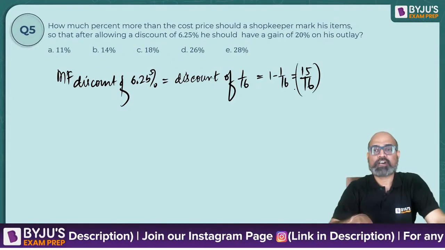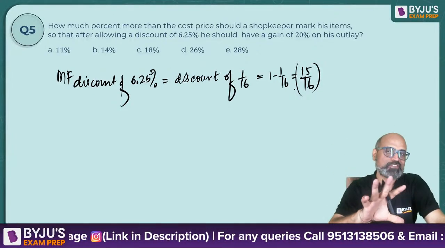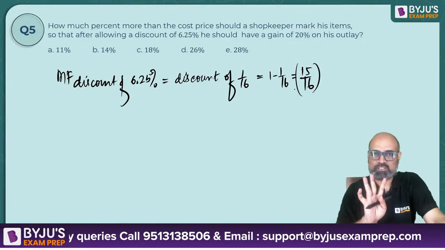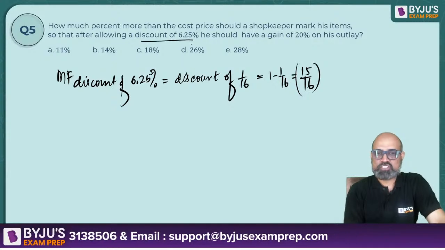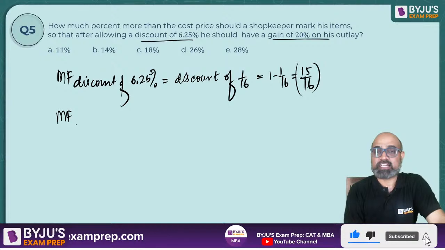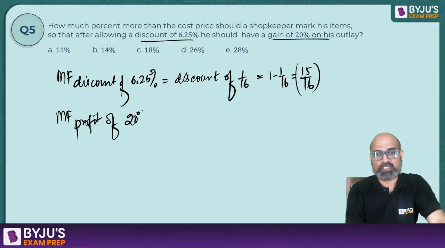Why were we working on fractions? Because 93.75 is a very complicated value, not easy, a 4-digit number. So fractions. So that is the discount. Gain of 20%. So we are looking at the multiplying factor. Gain means profit. So profit of 20%.